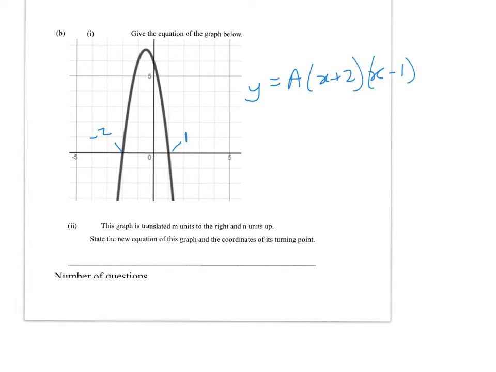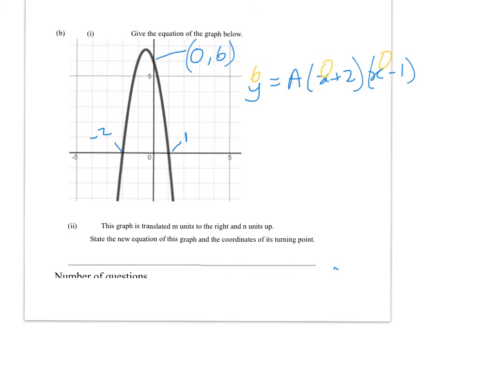Now, how do I find what a is? I must find a point on the graph which has an x and a y. So this point here I know is 0 across and 6 up. So let's put that in. I'm going to change this to a 0, and I'm going to change the y to 6.